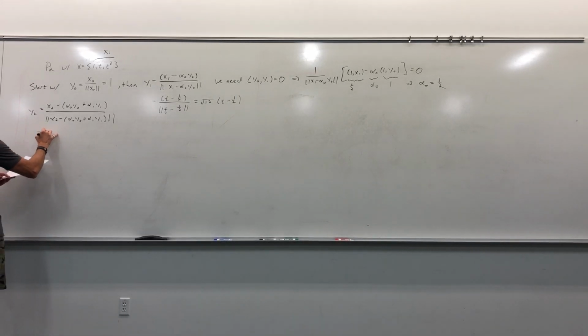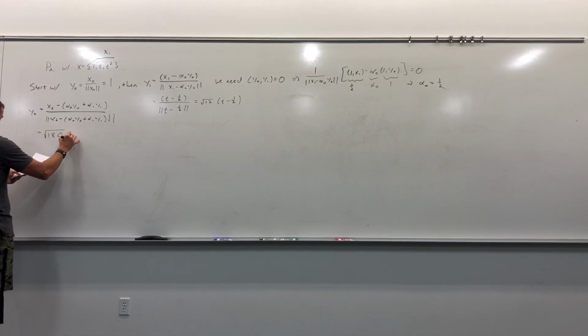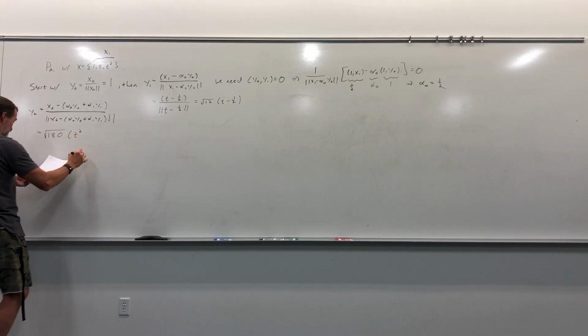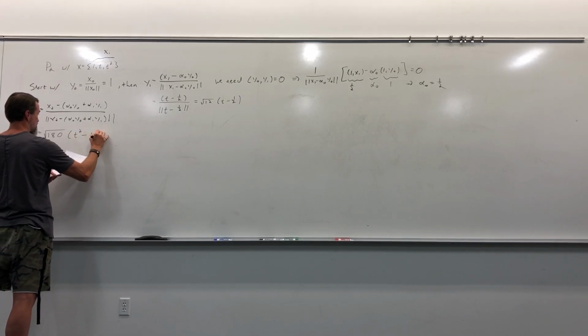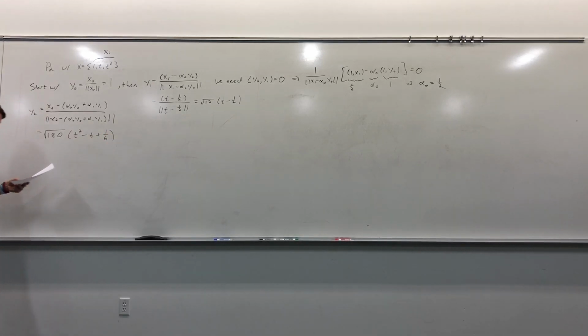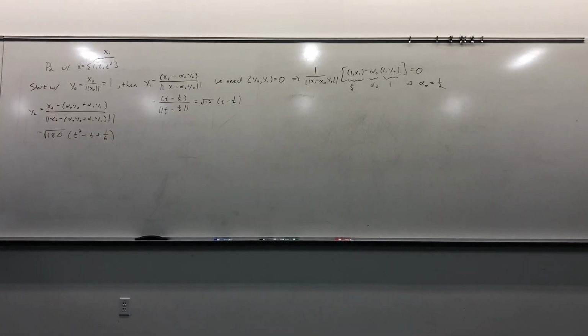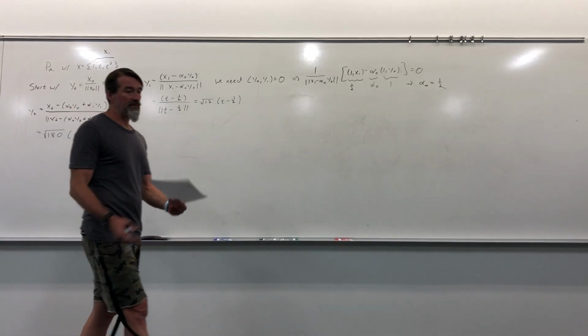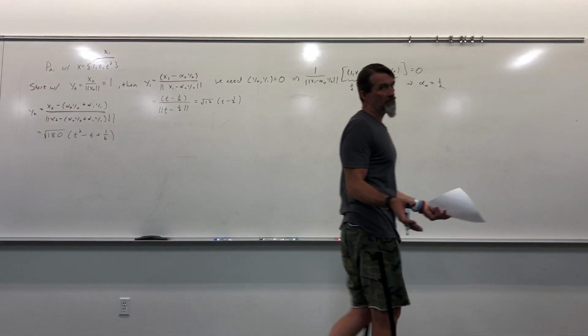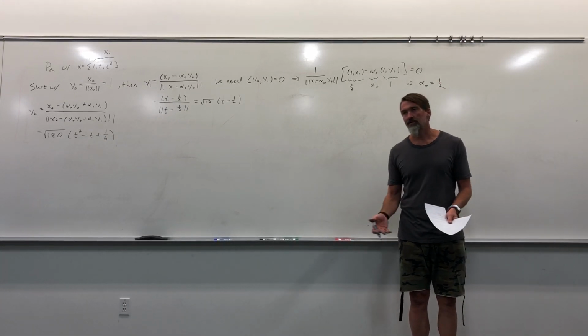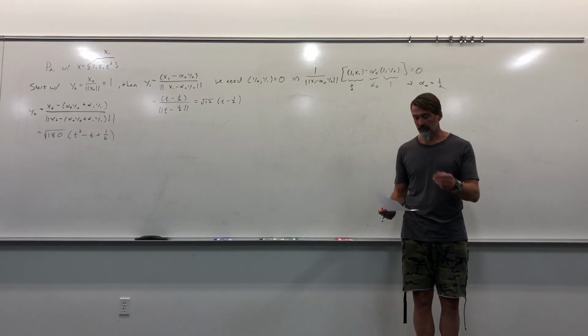And in the end, after doing some work, which is shown in my notes, but I'm not going to crank through it for you, this ends up being square root of 180 times t squared minus t plus 1/6. All right, so this is just a mechanism for generating an orthonormal basis from any given linearly independent basis. You will work a homework problem where you do this, so you can always resort to my notes.